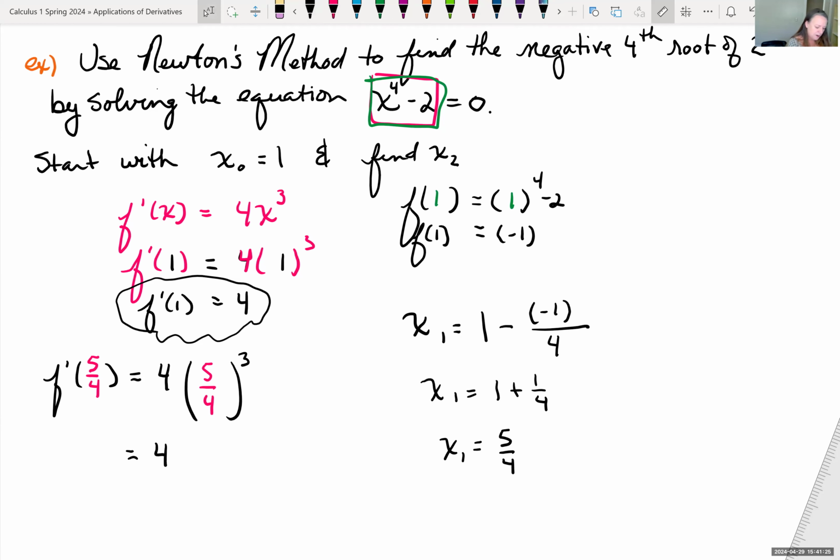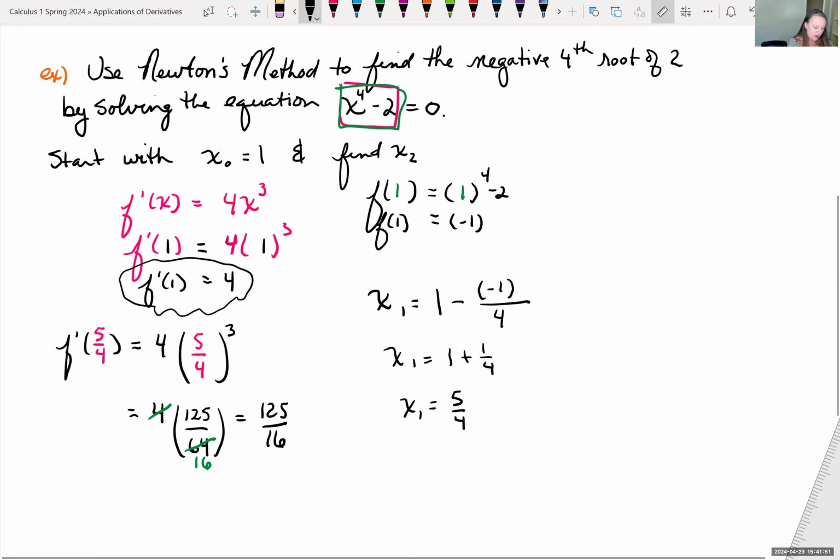So this is 4. 5 cubed is 125. 4 cubed is 64. I notice I can reduce. 4 goes into 64 16 times. So this is going to give us 125 over 16. Okay, so that's our derivative.